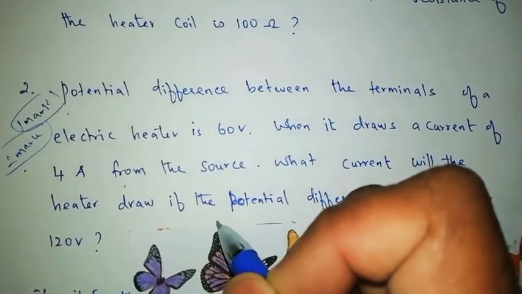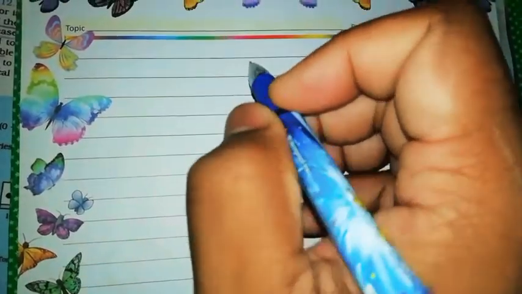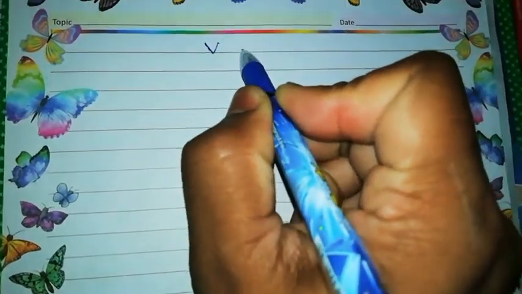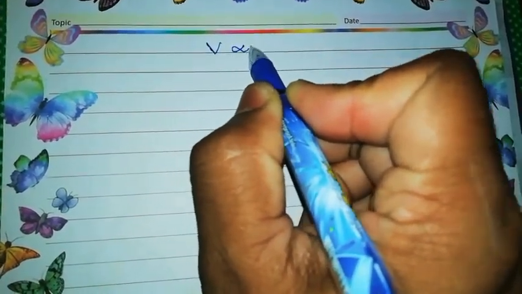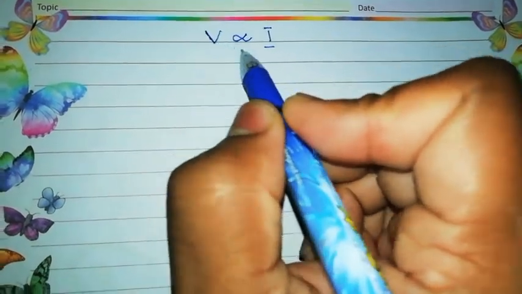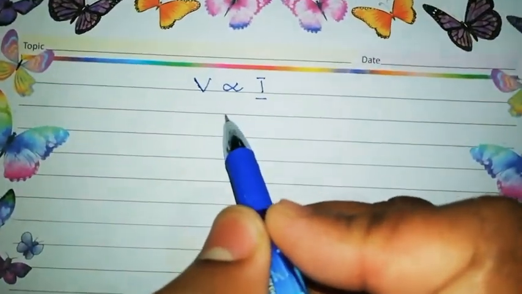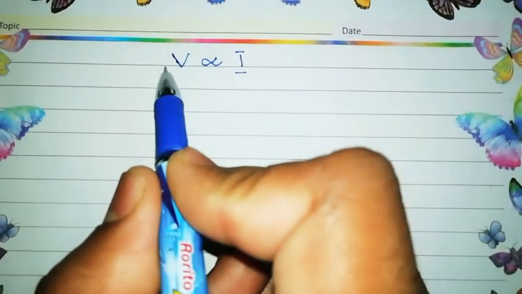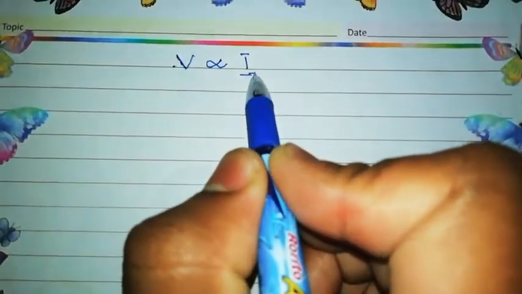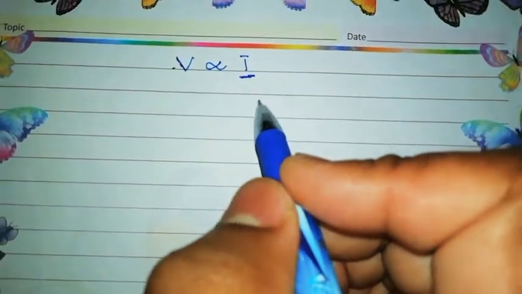Okay, let's do it. In Ohm's law we learned one thing, that as much as voltage increases, that much the current will also increase, right? That means V is directly proportional to I. So you think that if voltage is doubled, definitely I, that means current, will also be doubled, right?